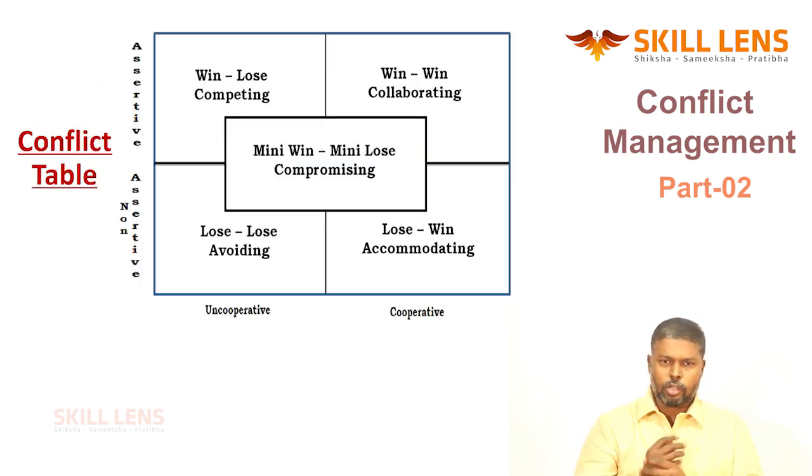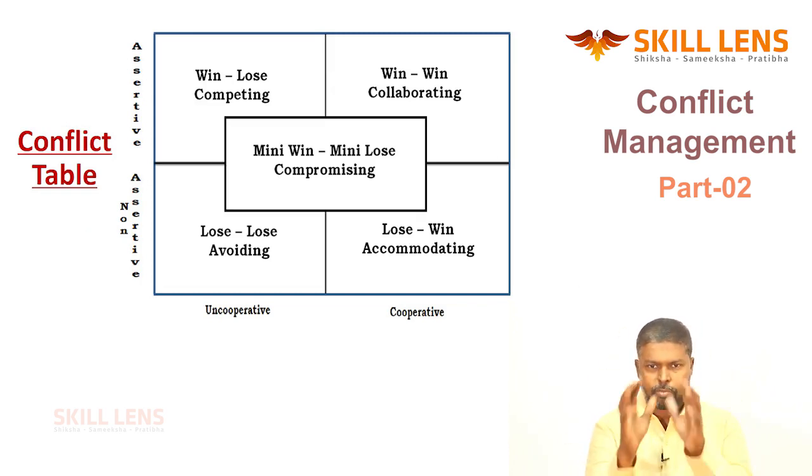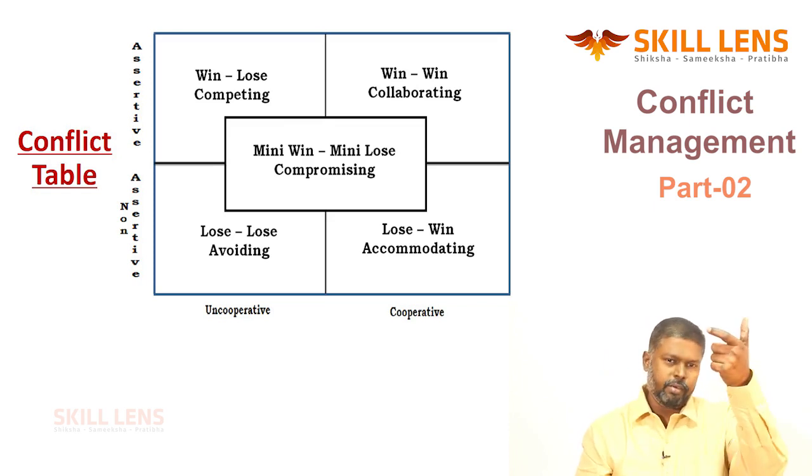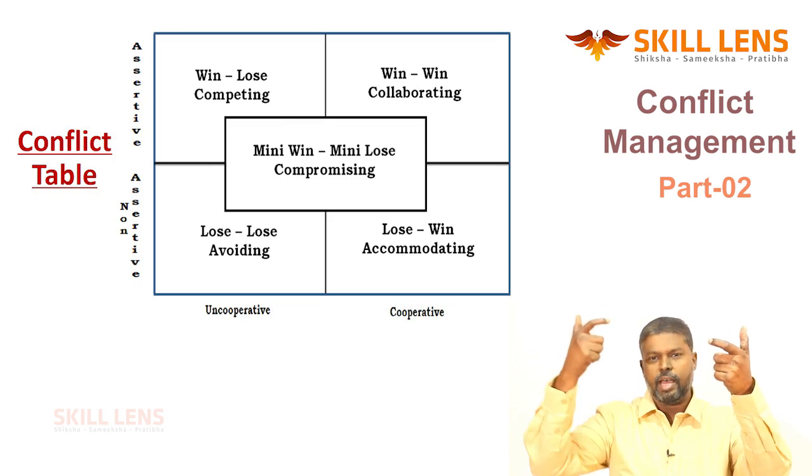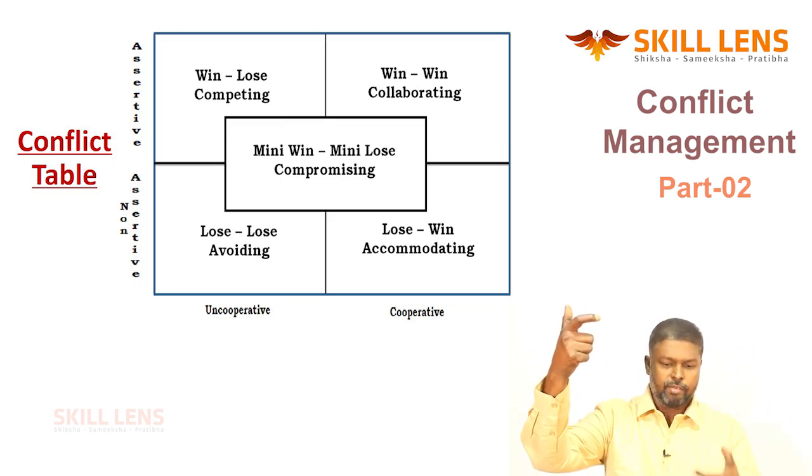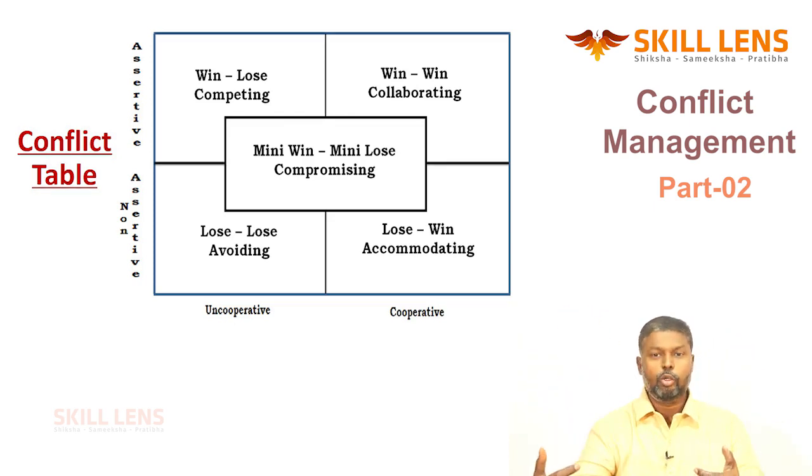I would want you to concentrate on the slide that is there on the video. Pause it and look at it. The whole part, whatever was explained, is being put across in a table called the conflict table. We have a win-lose situation mentioned. We have a win-win situation mentioned. We have a lose-lose situation mentioned. We have a lose-win situation mentioned. And in between is a compromising situation.